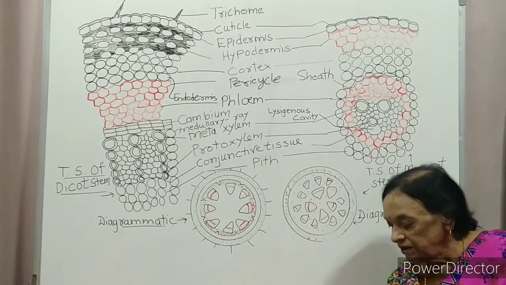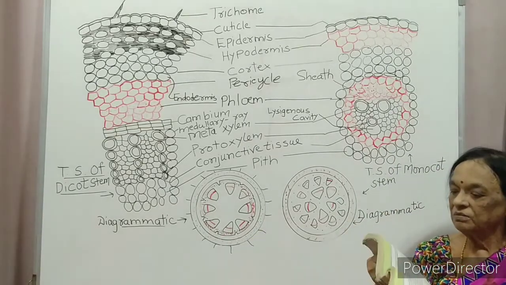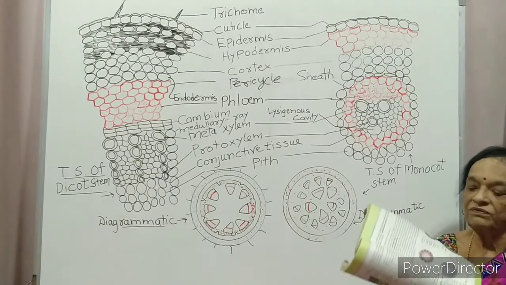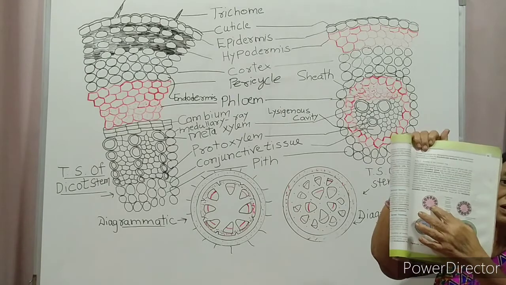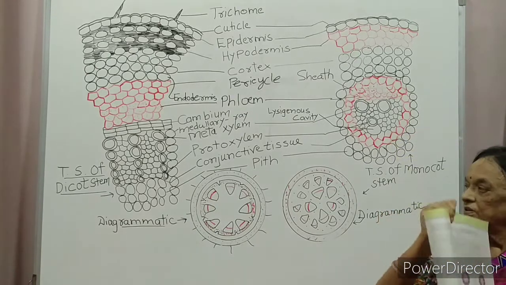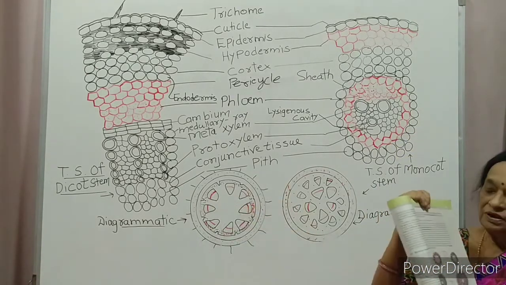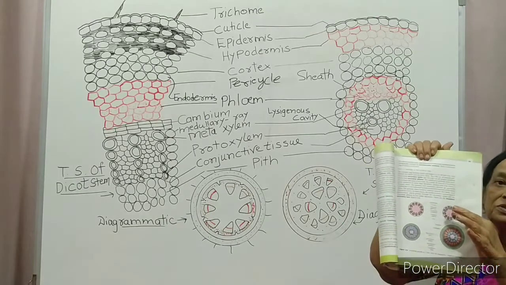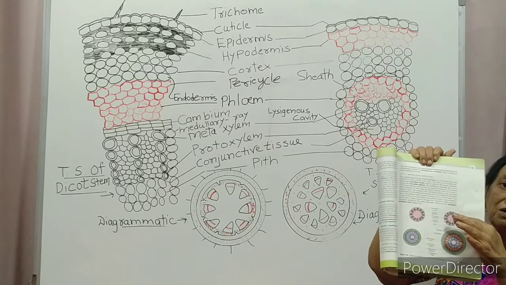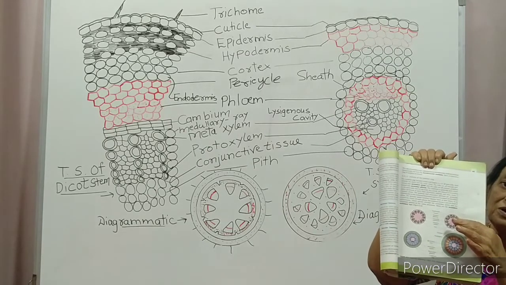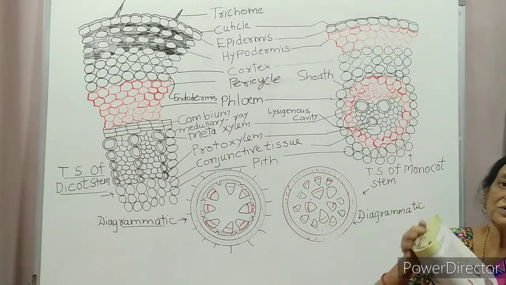Look into the diagram given on page number 95. The first diagram is the complete TS, and the second diagram is the cambium ring formed due to activity of fascicular and interfascicular cambium.